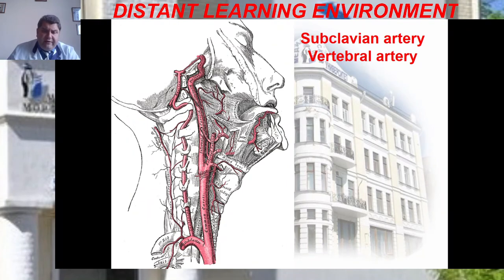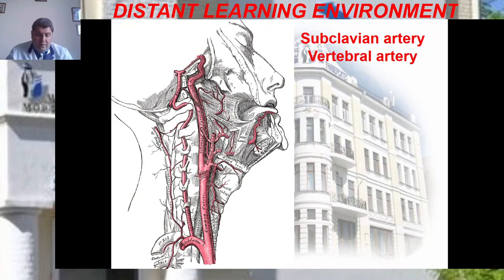But you may see the right side, and you can see that this one is the brachiocephalic trunk. Also you can see the subclavian artery, and you may see the first branch of the subclavian artery. This one is the vertebral artery.